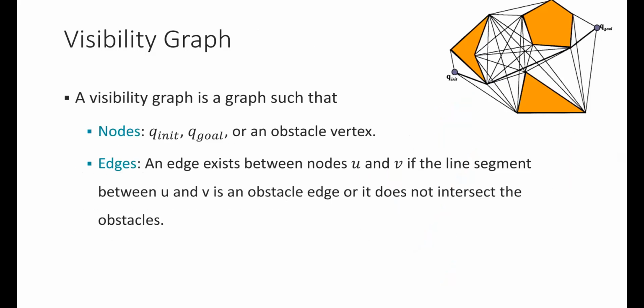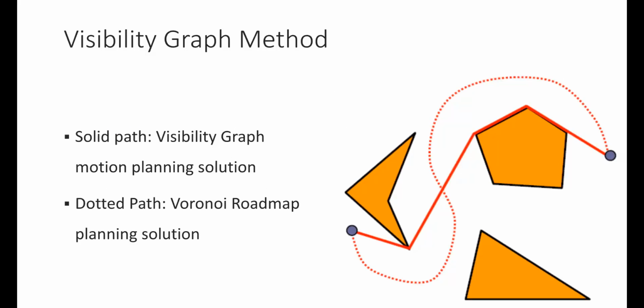Okay. How would you actually construct the visibility graph or the Voronoi path? Like what algorithms would you use there? Yeah, so to figure this out, you just have to figure out what the vertices of your obstacles are. It depends on what kind of sensor data is coming in.